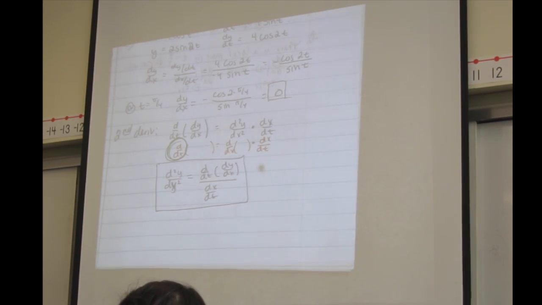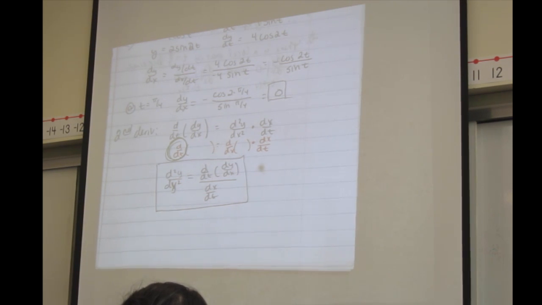So now I want the derivative with respect to t of dy dx. Now here I have the derivative, but I want to do the derivative again with respect to x. I have the first derivative with respect to x, and I want to do it again with respect to x. So this is the second derivative.